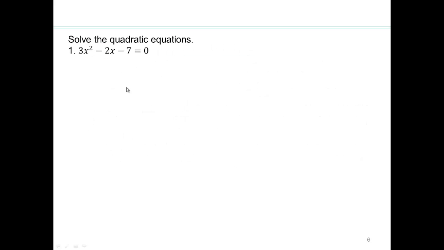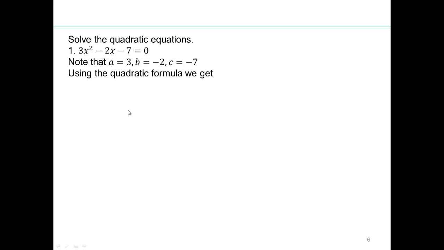All right, let's solve quadratic equations using the quadratic formula. Identify a, b, and c. A is 3, b is negative 2, c is negative 7. Now use the quadratic formula: negative b plus or minus square root of b squared minus 4ac, all over 2a.